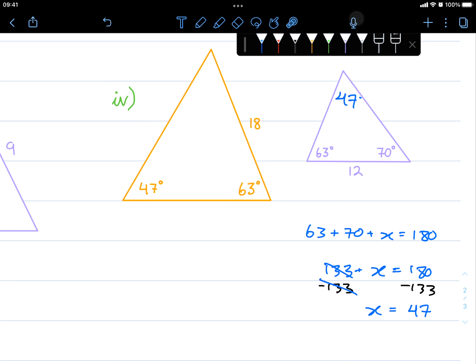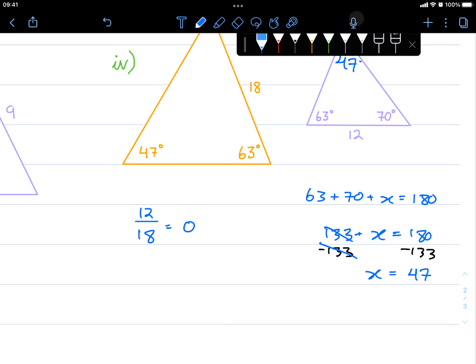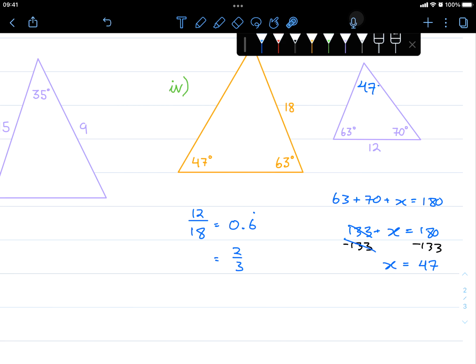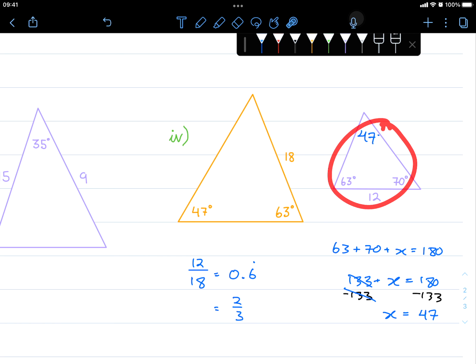So keeping things simple, from orange to purple, always picking a number from purple. 12 over 18, calculating that, gives us 0.6 recurring, or 2 over 3. So that there is the scale factor. This means that the purple triangle is 2/3 the size of the orange triangle.